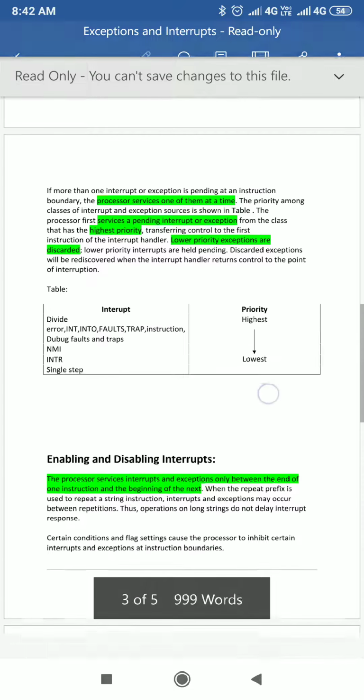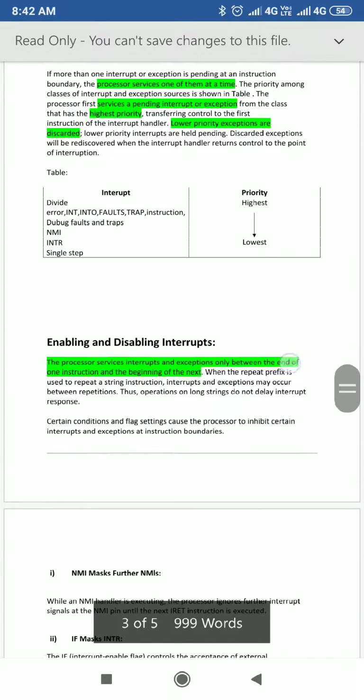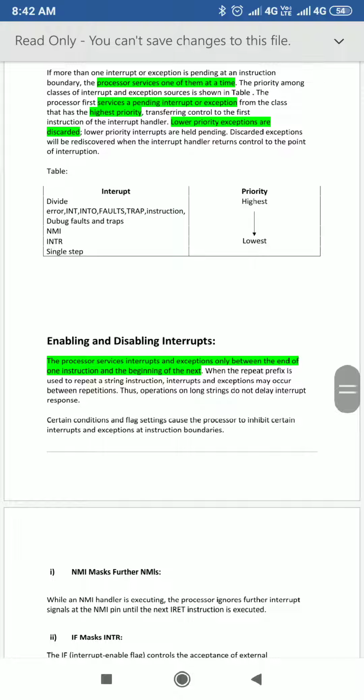Now, our next topic is enabling and disabling interrupts. The processor services interrupts and exceptions only between the end of one instruction and the beginning of the next instruction, right?